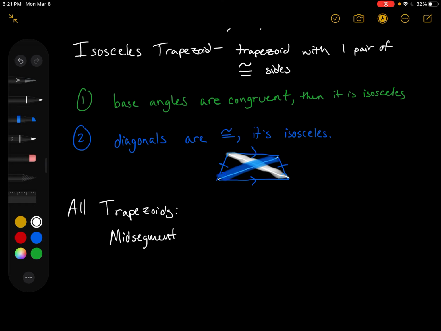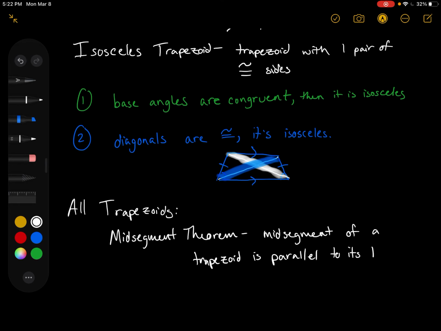There is a mid-segment theorem, and this tells us that the mid-segment of a trapezoid is parallel to its bases and is the average of their lengths.